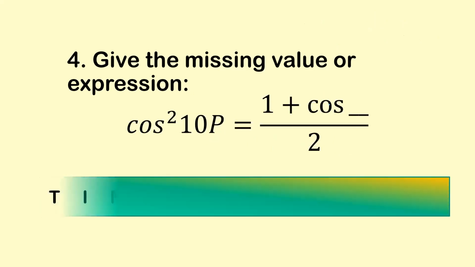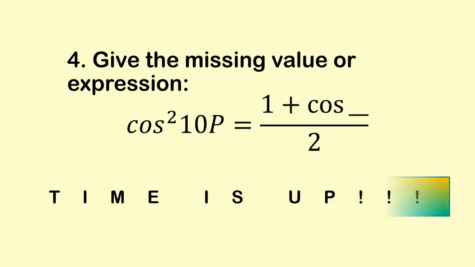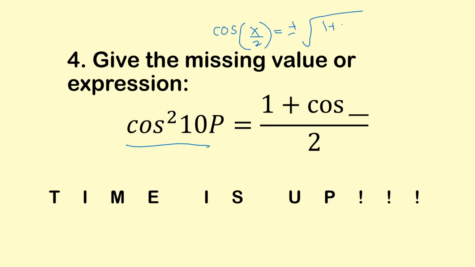Give the missing value. Okay. So, ito yung nasa half angle identity. Kasi, di ba, instead of having radical, in-square niya, di ba? So, yung cosine of x over 2 or x lang, ganyan yun eh, no? Yan yung positive negative square root of 1 plus cosine x over 2.